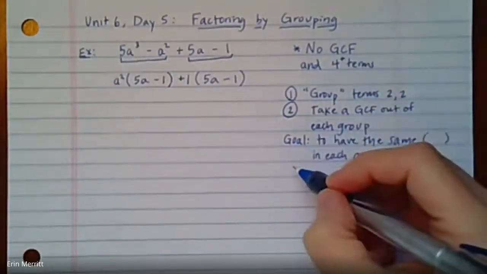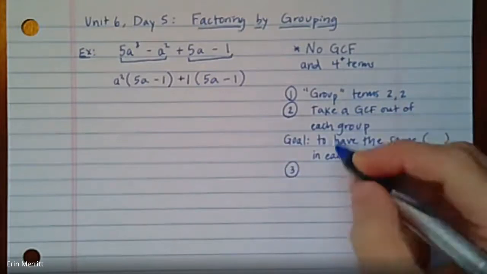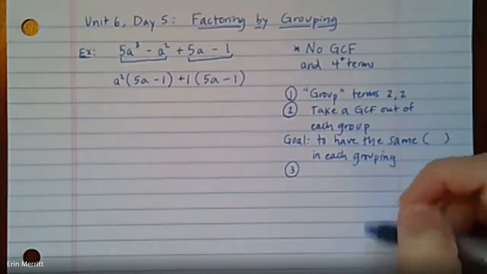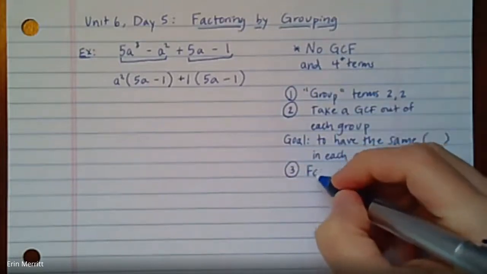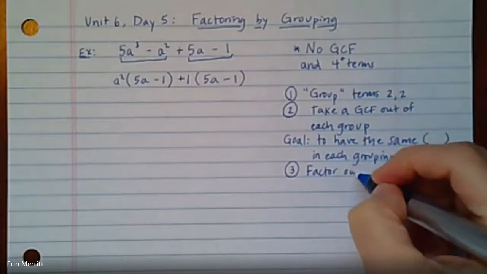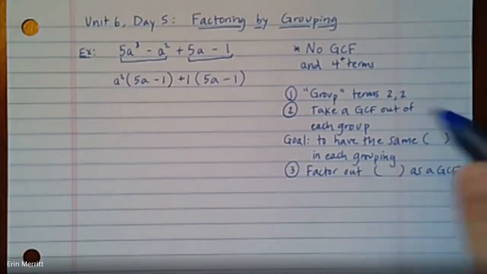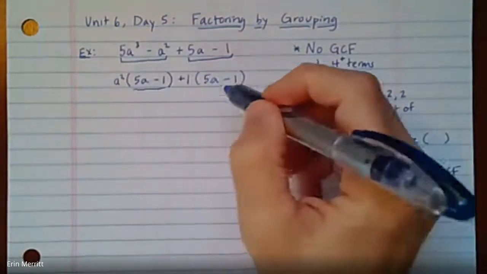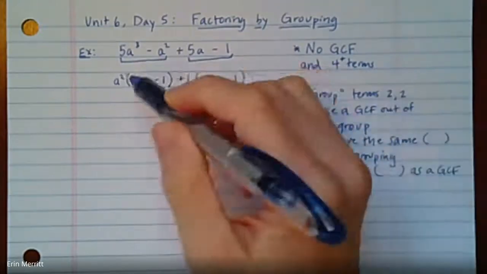All right, the whole reason for that is now what we're allowed to do is we're allowed to factor out the resulting parentheses factor. So what I mean by that is if this one has the 5a minus 1 and that one has the 5a minus 1, that is actually a greatest common factor between these 2 terms that we now have.